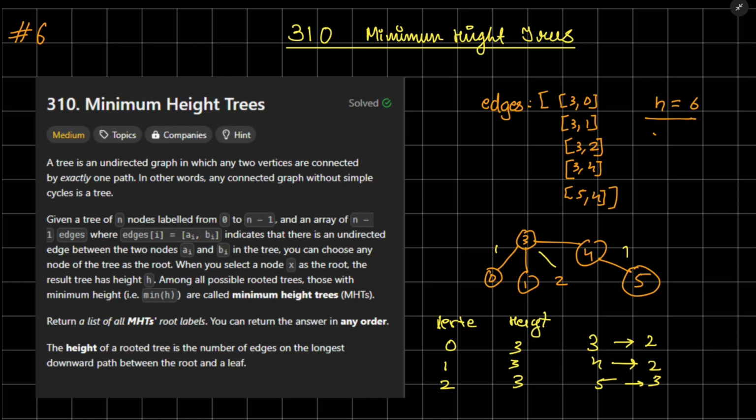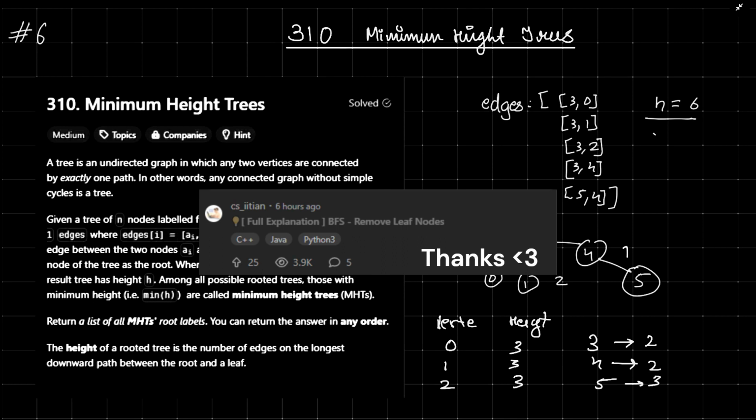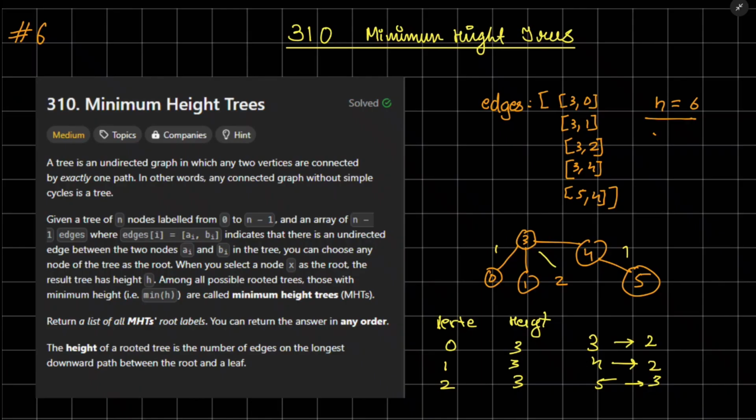It won't make a difference if you don't know what topological sort is, but I will attach a video of Striver or maybe Love Babbar. You can watch it. Now let's move on to the approach of this problem. I saw this guy's solution. It was a really good solution. You can also take a look at his solution.